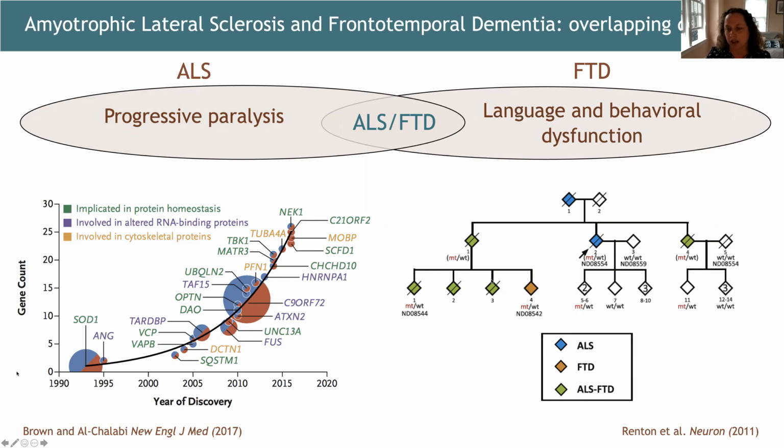And indeed, in our initial work, knocking down TDP-43 in mouse brain, we had never identified STMN2 as a target. So we had seen this very strong alteration of STMN2 in human cells after knocking down TDP-43.